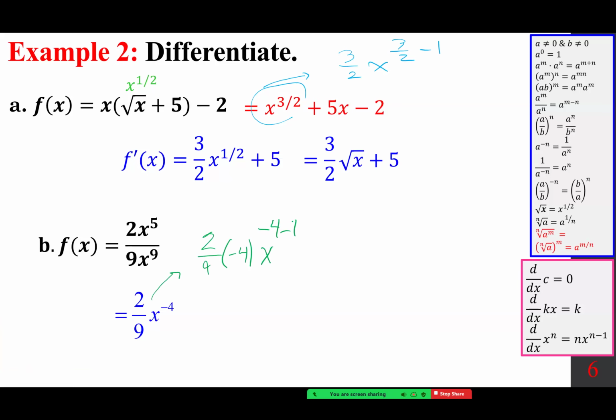So I hope you recognize this as minus 8/9 x to the power of -5. Now you have to have a positive exponent. You take it down. And so what happens is, this is the only calculus step. This is algebra. This is algebra. I hope everybody's comfortable with that.